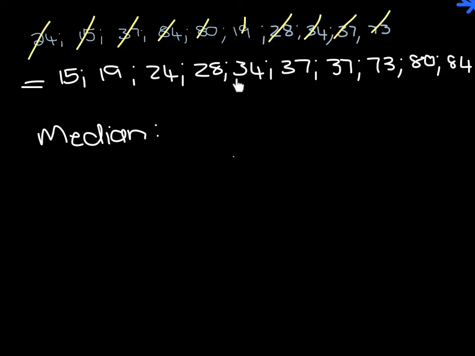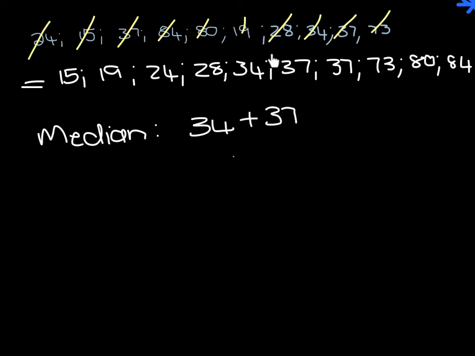So if I use this one, look why it will be wrong. There's 4 values less than it and 5 values more. So obviously number 5 and 6 have the same numbers higher, which is 1, 2, 3, 4, and the same numbers lower, 1, 2, 3, 4. So it's the middle number, and here you've got 2 middle numbers. So what you do is you write down 34 and you add the other one to it, 37.